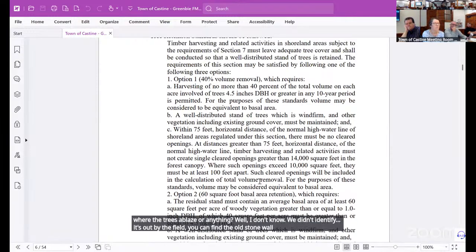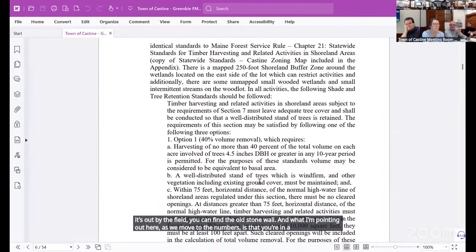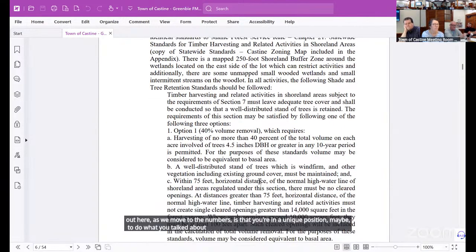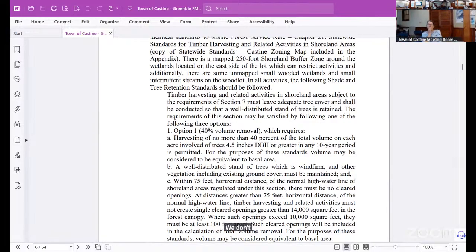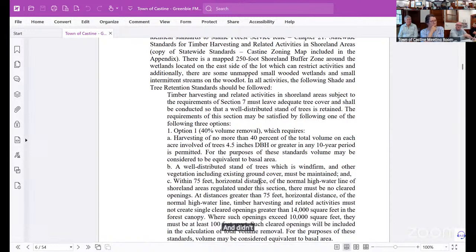What I'm pointing out here as we move to the numbers is that you're in a unique position maybe to do what you talked about. For one reason, we don't so much care about that middle line because you own both sides. But that does not work for a private person, if somebody only owned lot one and didn't own lot two to the south, then suddenly probably can't do it at a no cost option.